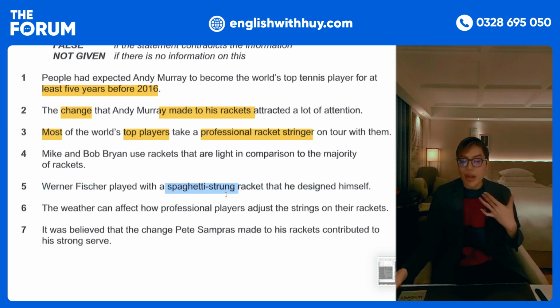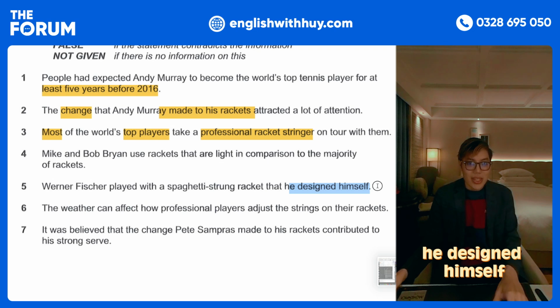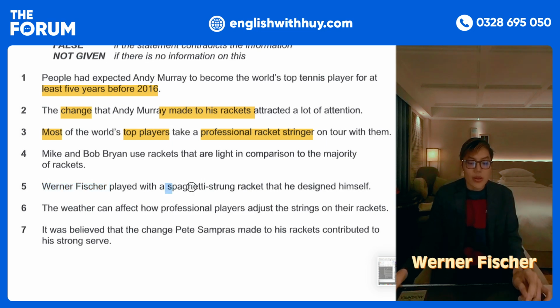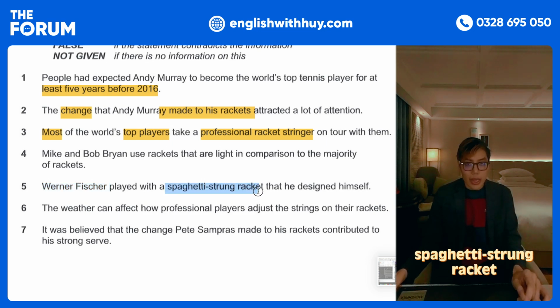And then we will evaluate whether or not he designed it himself or other people helped him in the process of designing this specific racket. So yes, this one is the critical point of this sentence. And I will pick out the keywords to be Warner Fisher and also spaghetti strung racket.